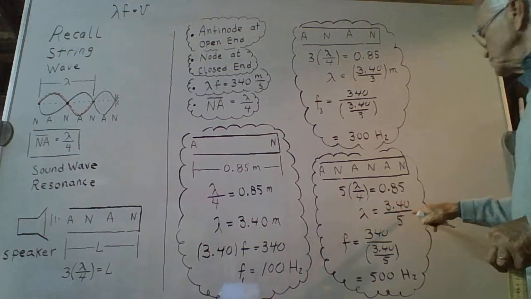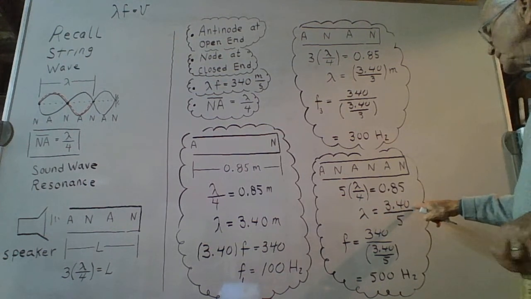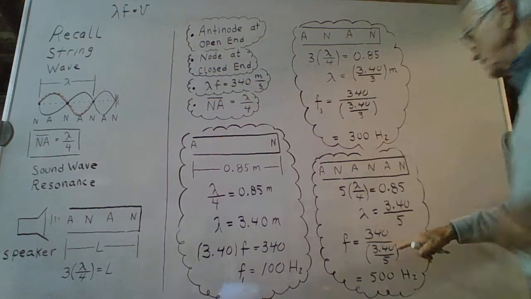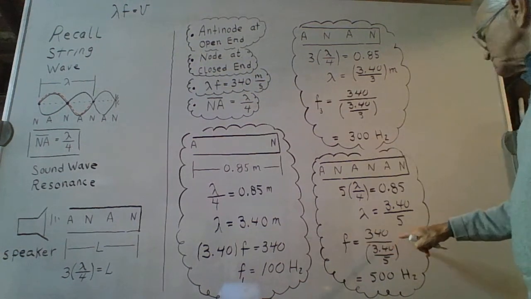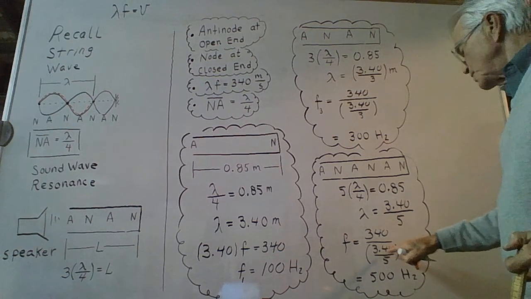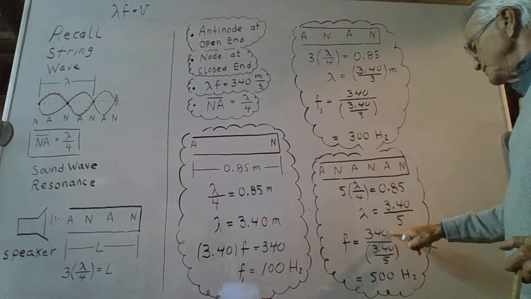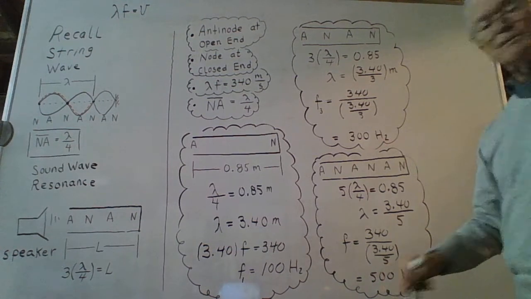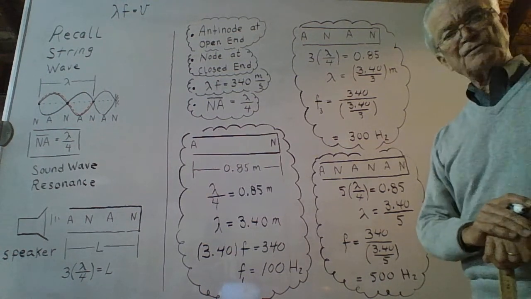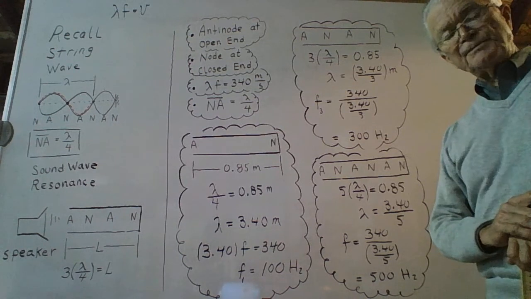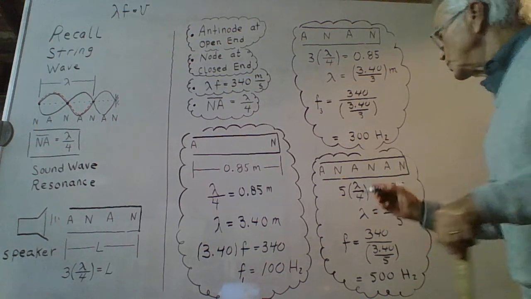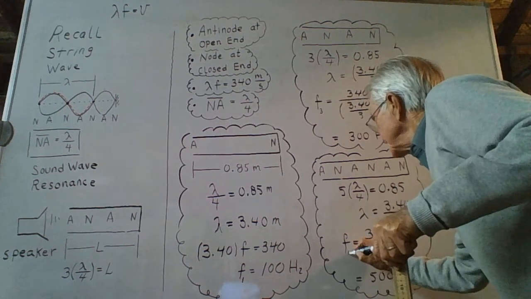Solve for lambda, and you get this value here. Take that value of lambda and put it in the wave equation. Solve for F, and this is what you get. 3.4 again goes neatly into 340, 100 times. Flip the 5 upstairs. Final result, 500 hertz for the next lowest frequency. How shall we subscript this particular frequency? I will call it F subscript 5.